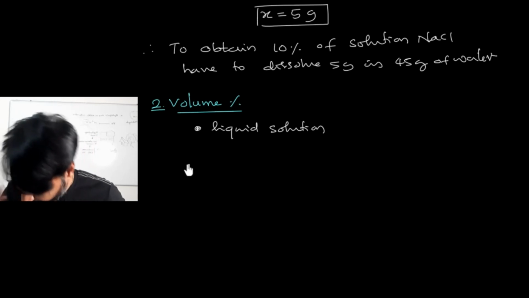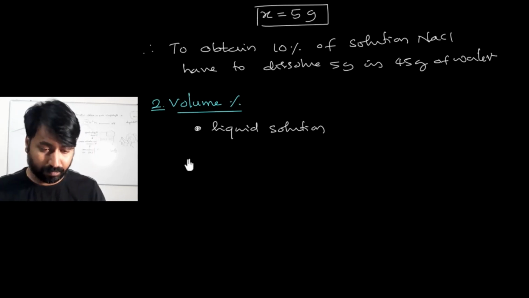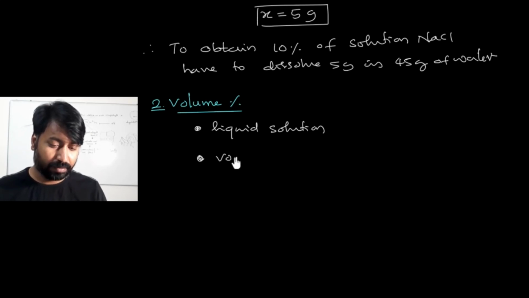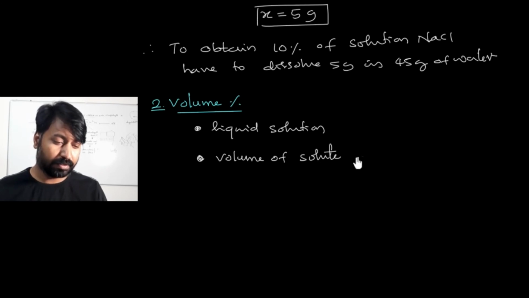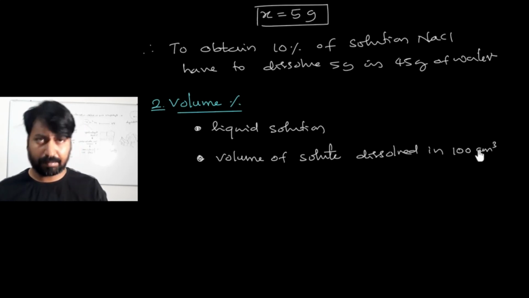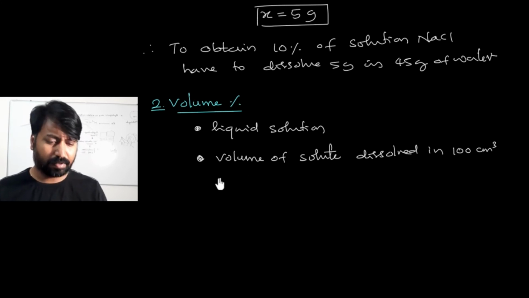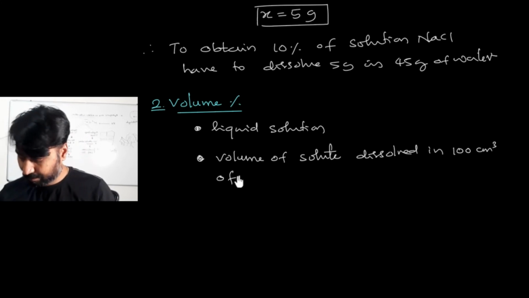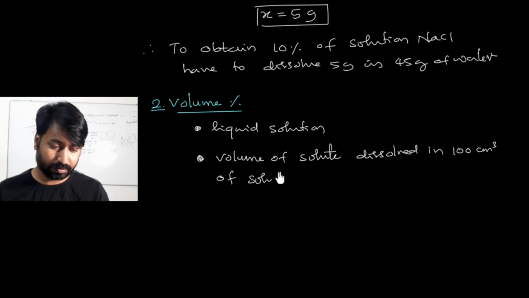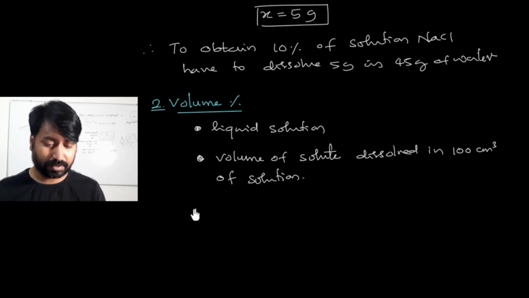Okay, there's one part. The volume percentage is defined as the volume of solute dissolved in 100 cm cube, or ml, of the solution. It is the same way of visualization: we take a container.